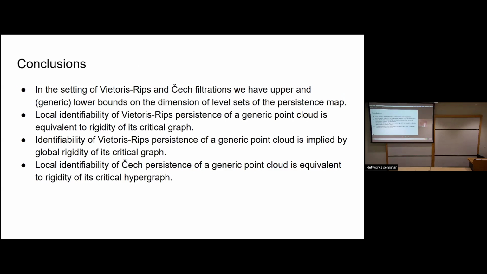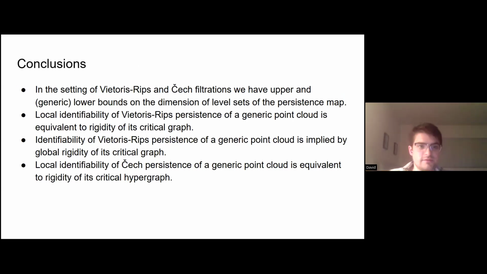So as a quick conclusion, we saw that in the setting of these Vietoris-Rips and Čech filtrations, we have upper and generic lower bounds on the dimension of level sets of persistent homology. Local identifiability of Vietoris-Rips persistence of a generic point cloud is equivalent to rigidity of its critical graph.